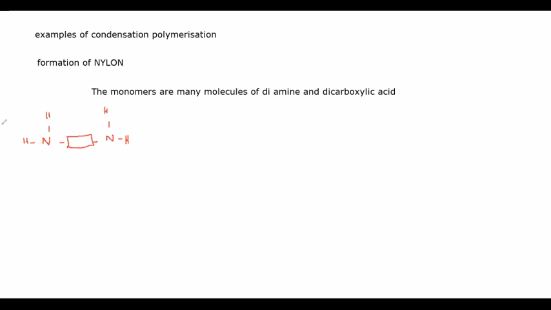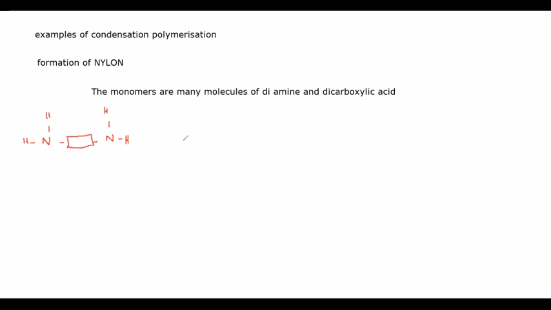Why is it called diamine? Because two amine groups are there. This is one amine group and this is a second amine group, and between them there's a carbon chain. So instead of drawing the carbon chain, we just draw a box. Then the second monomer, dicarboxylic acid.